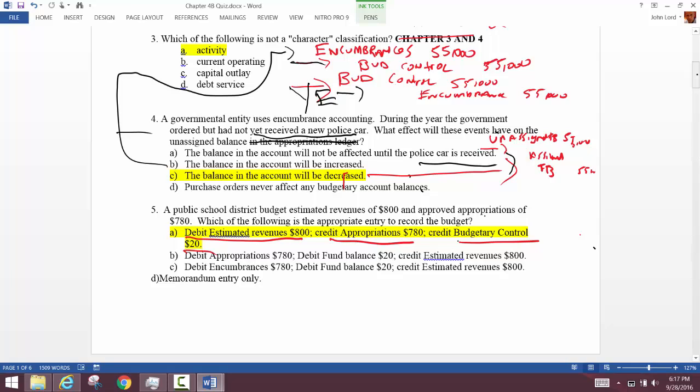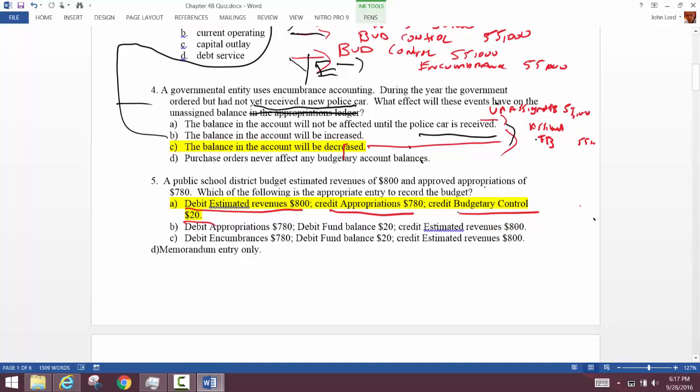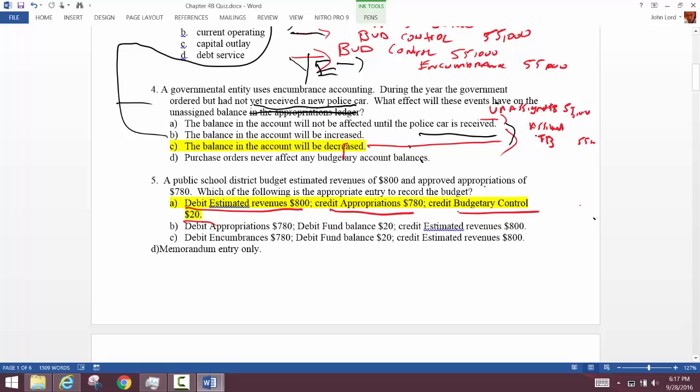Okay, good. Are you guys sure you're okay with that number 4? If it was a deficit, that means my appropriations would exceed my estimated revenues, and to make the journal entry balance, I'd have to debit budgetary control.